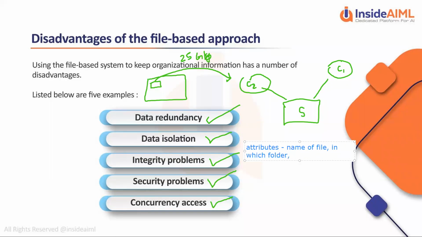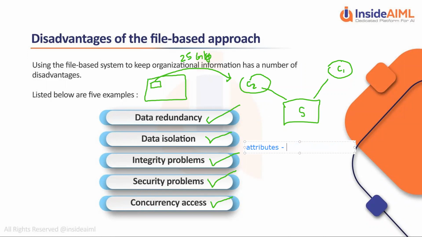Then I will also need in which drive it is present. So I will require the whole address of this particular file, where it is actually present. You see this C slash, and then you have my drive something, right? Then you have some folder. So you'll need all these attributes where this file is actually located. So that was a problem.